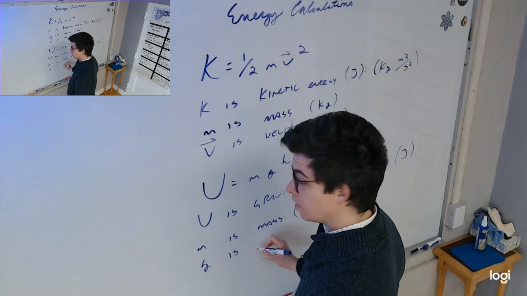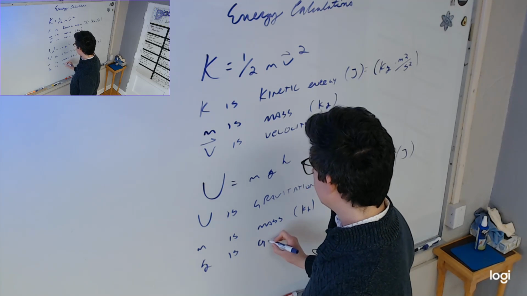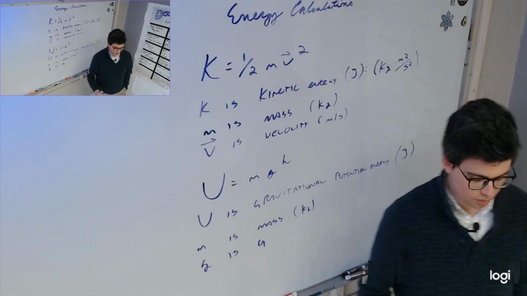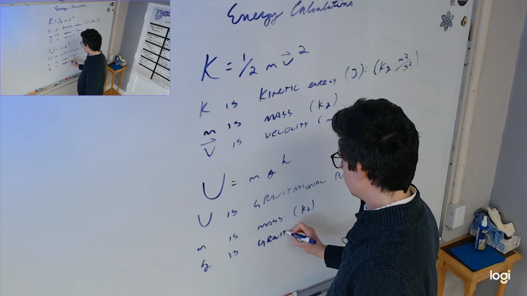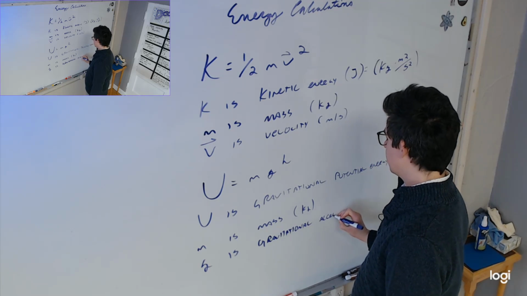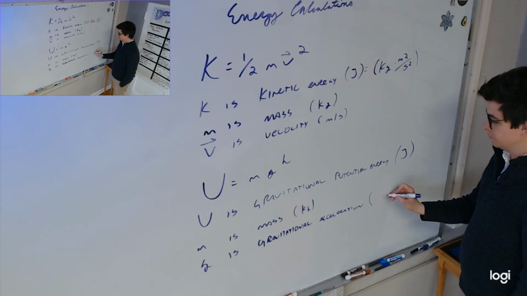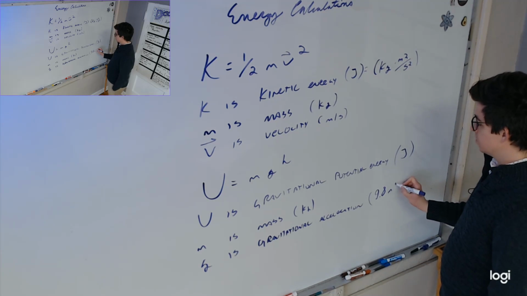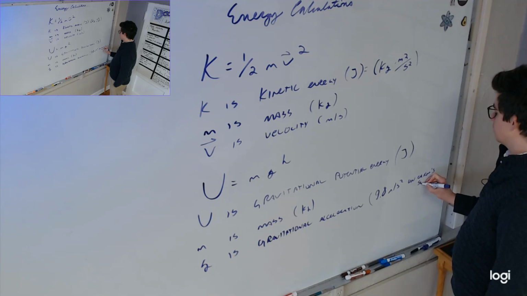G is not the universal gravitational constant, which is capital G. This is lowercase g. It's the gravitational acceleration, or what you might say, acceleration due to gravity. And for this, we don't only have a unit, but on Earth, we also have a value. What is it? 9.8 meters per second squared on Earth's surface.